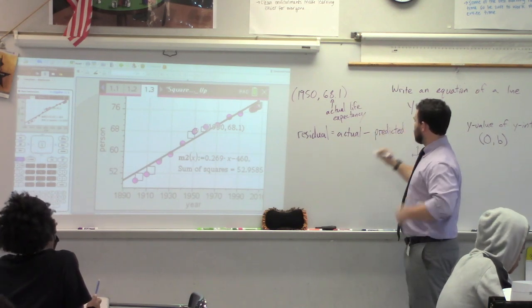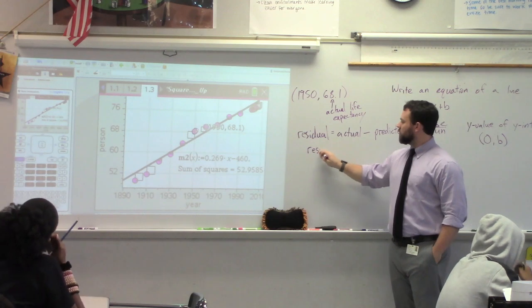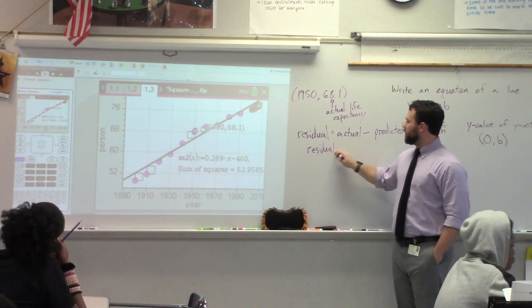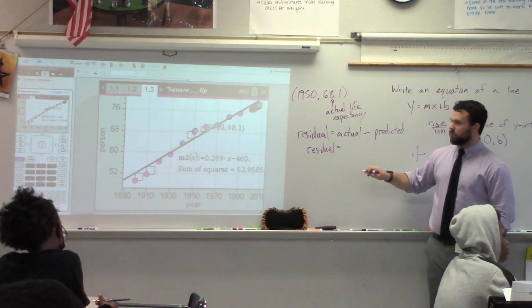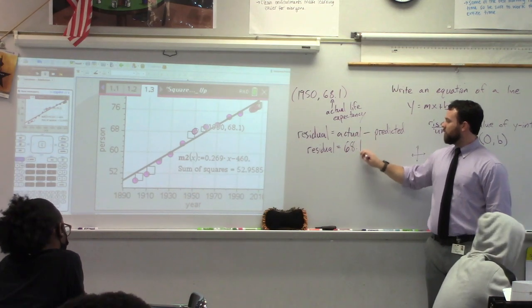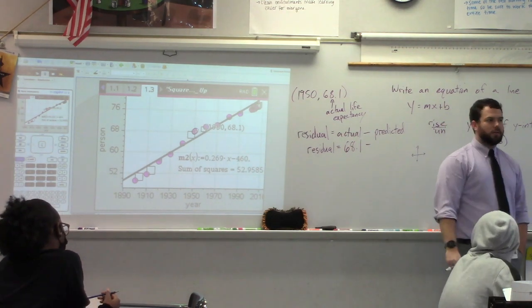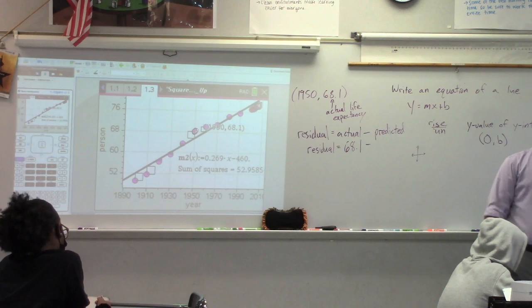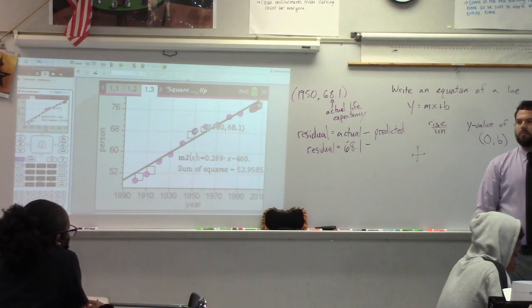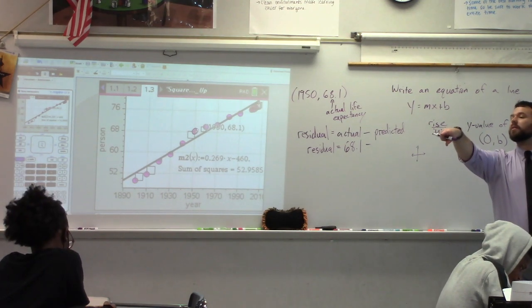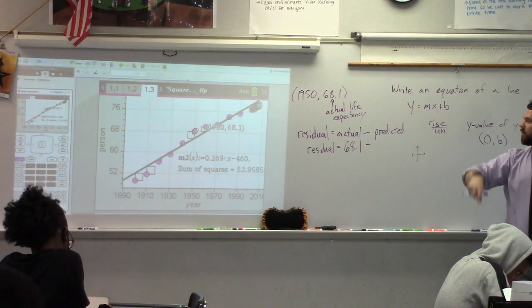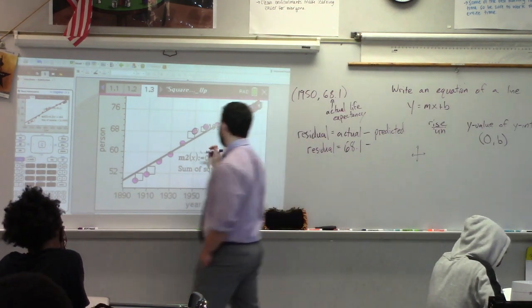So the residual: what is the actual value? 68.1, minus the predicted. Do we have the predicted yet? No. Whatever the point is at 1950 on the line.